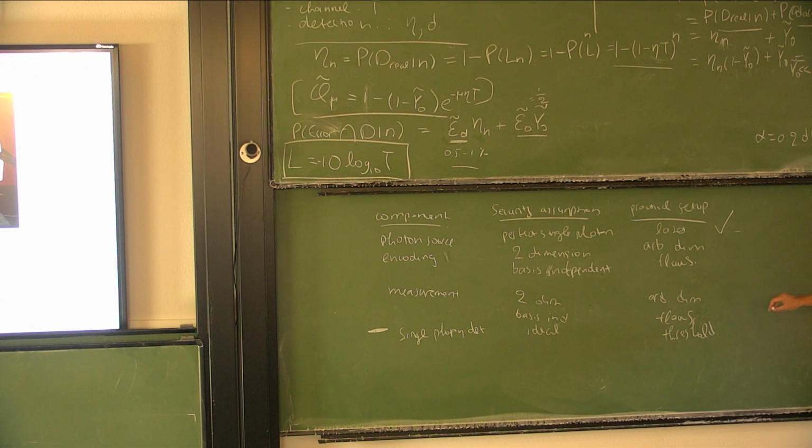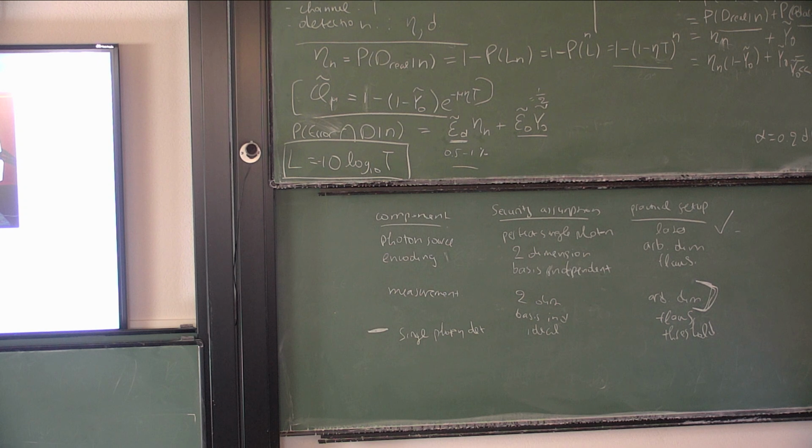This removes this flaw that I've written here, which is a kind of uncertainty between how the security assumption of having a two-dimensional measurement fits with the real practical setup that you have. There has been quite a bit of work to include this into the security proofs, to reduce the gap between the security assumptions and the practical setup.